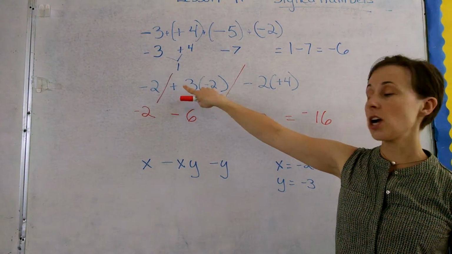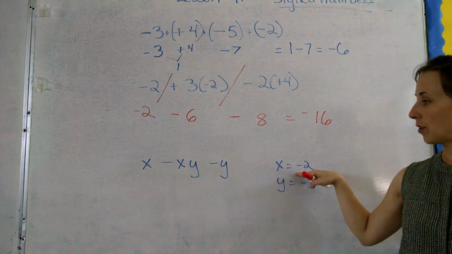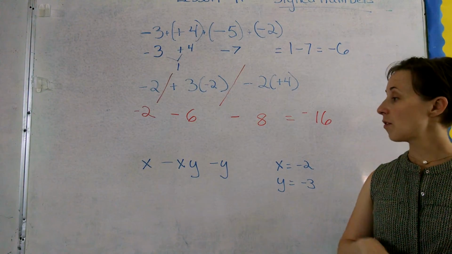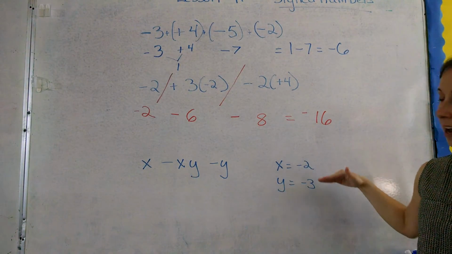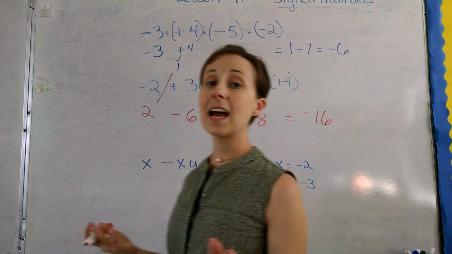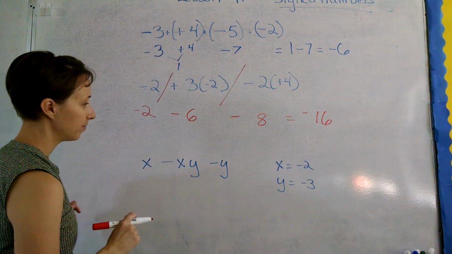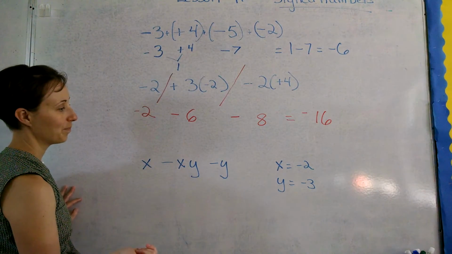Splitting things up into parts to keep their signs together also works when you need to fill in the numbers in an equation. For example, if you're given something with x's and y's, and you're told what x and y equals, you're going to add in your parentheses once again to help you multiply them together. We're using numbers with signs here, which is why this goes in this lesson.